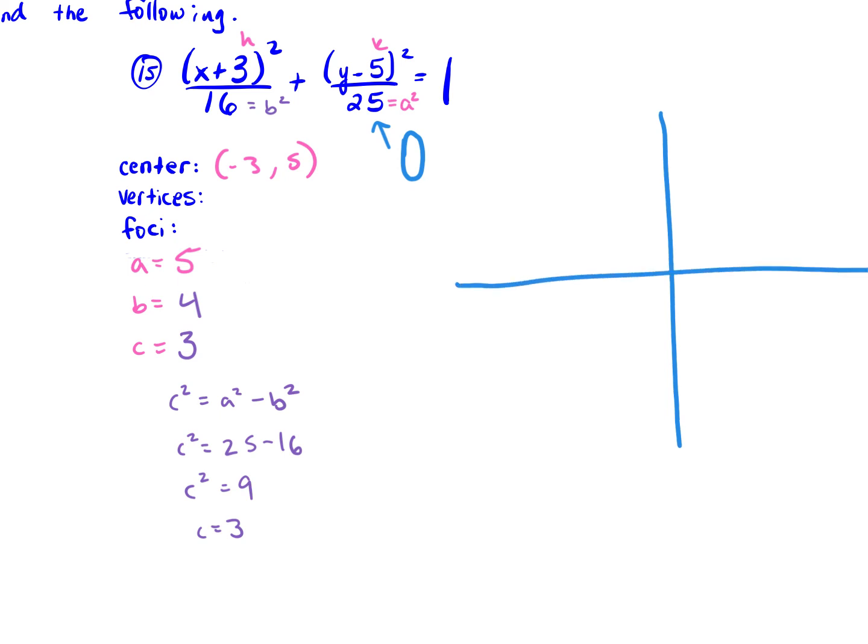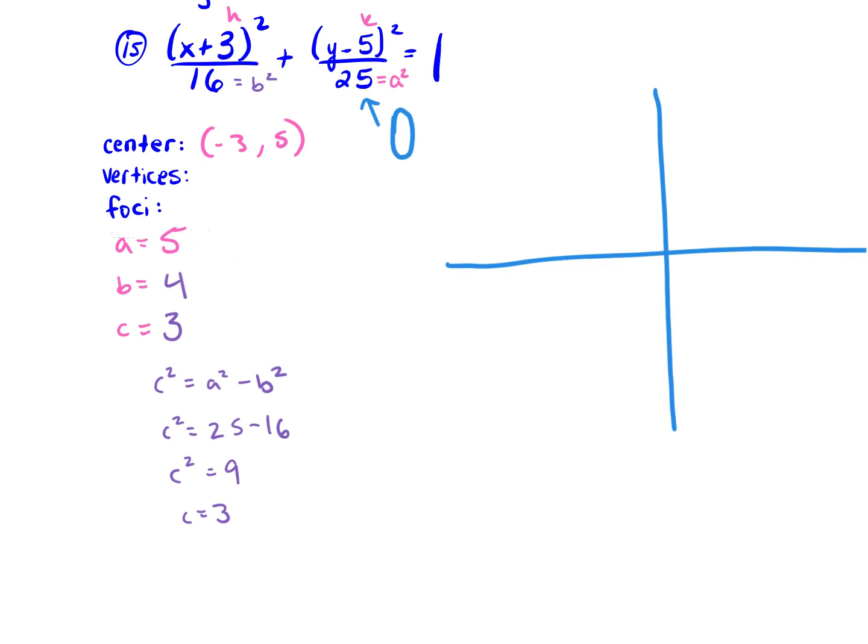So again, you don't have to graph any of these, but it really helps to visualize where your foci and where your vertices are going to be. So I'm going to put my center first. So that would be negative 3, 5. So that's the center.